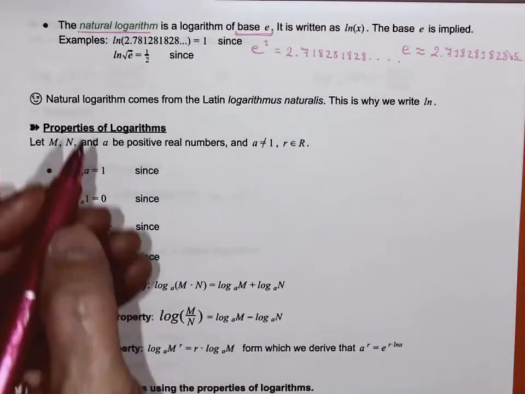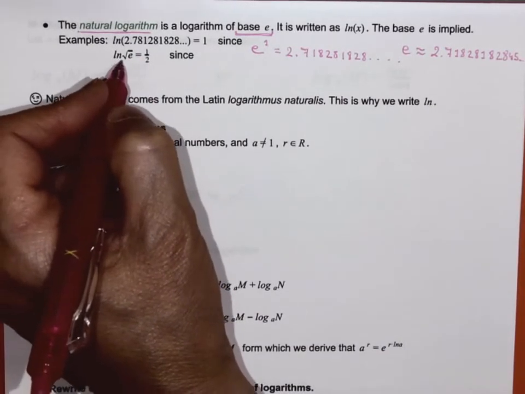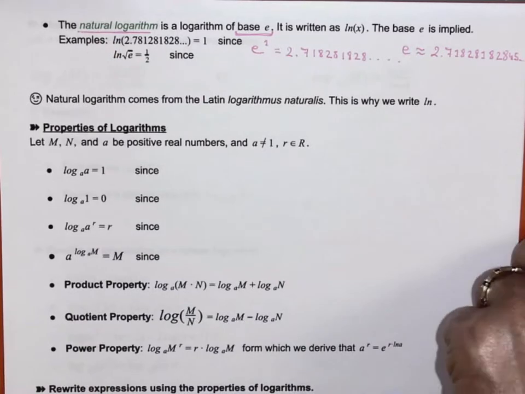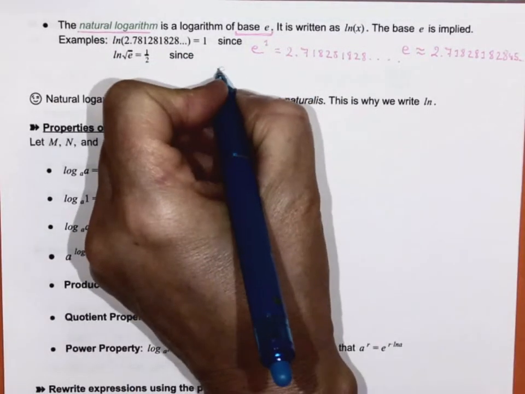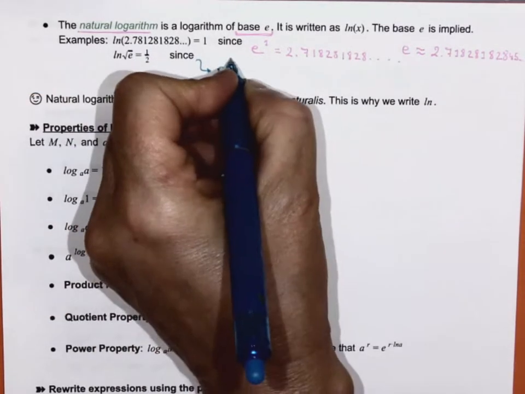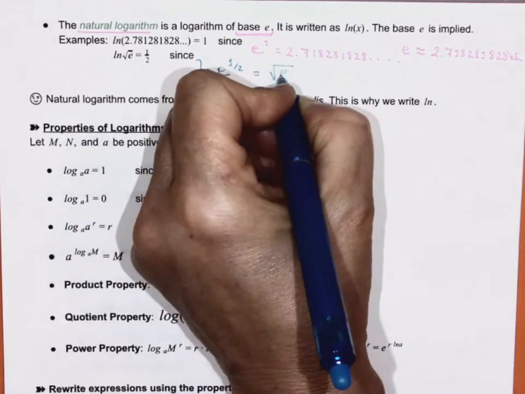Same thing here. We have a natural log. We don't see a base, but we know that the base of a natural log is e. So what does that say? It says e to that power is equal to what's inside the log, which is the square root of e. Well, is that true? Well, it is, right?